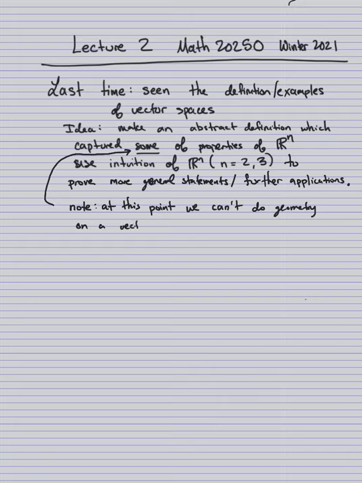The axioms of the vector space told you how to add vectors, and that you can multiply vectors by scalars. But if I'm in the plane, I might want to know something like the angle between two vectors, or even more basically, the length of a vector. So at this point, we can't do that.